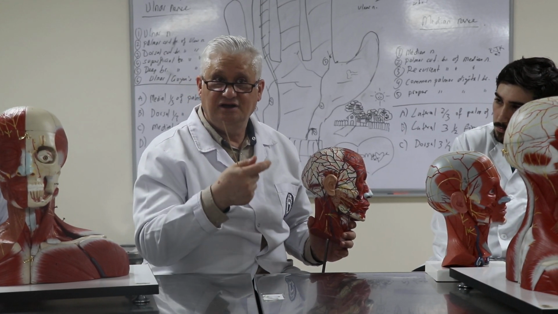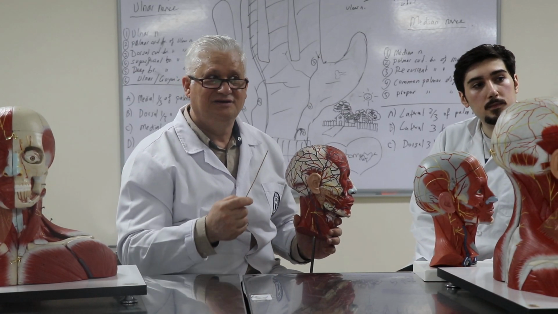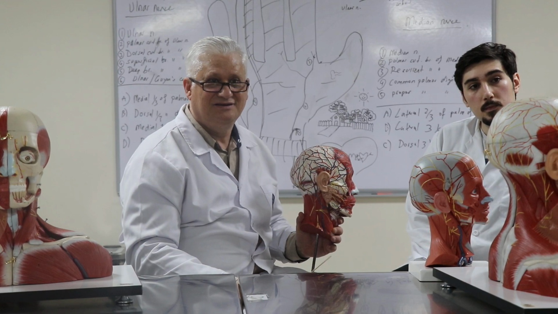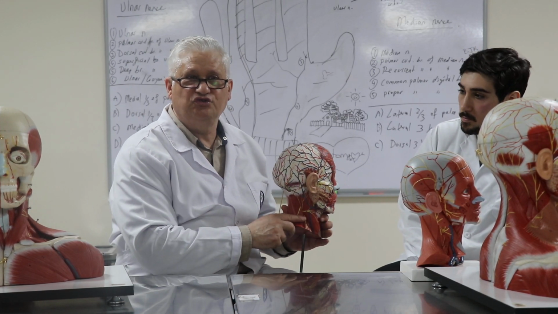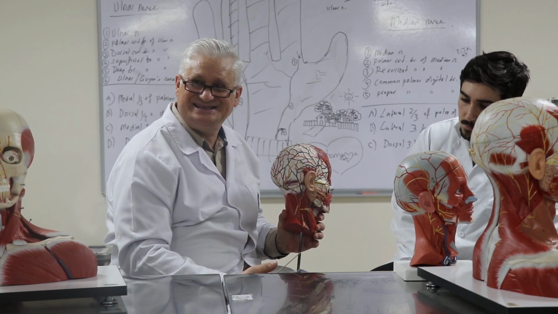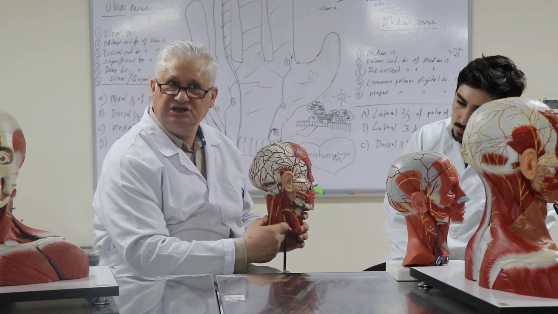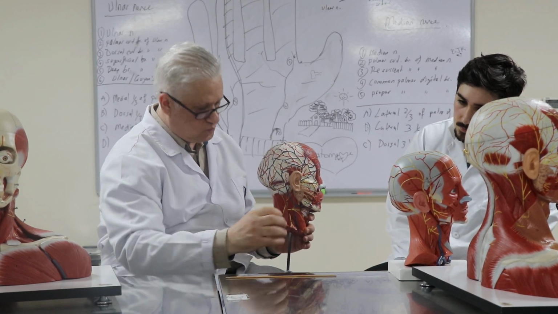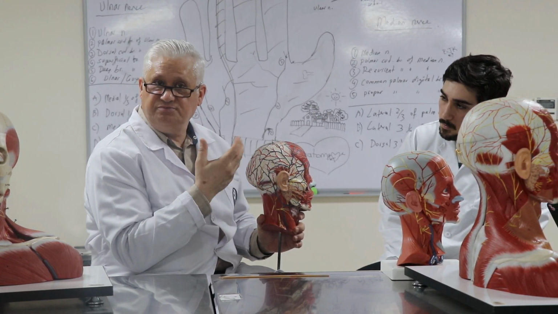When you have a problem in the heart, or hypertension. The answer is that when the external jugular vein becomes distended, when it gets enlarged, you can palpate it, you can see it.